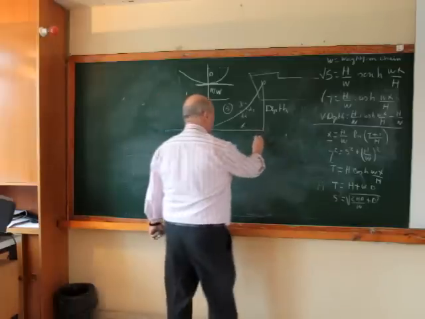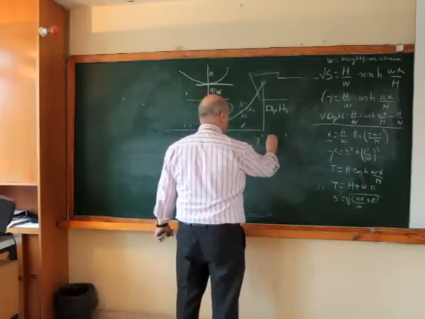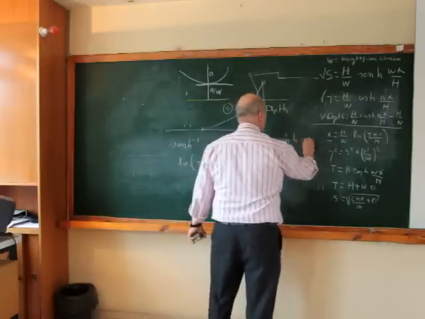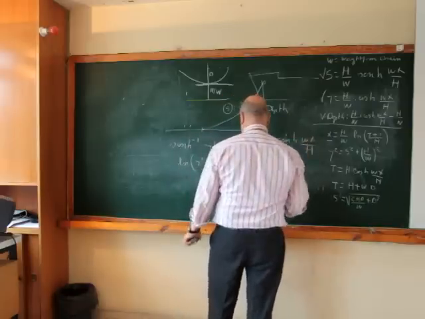And remember that the first derivative was equal to the hyperbolic sine of wx divided by h.